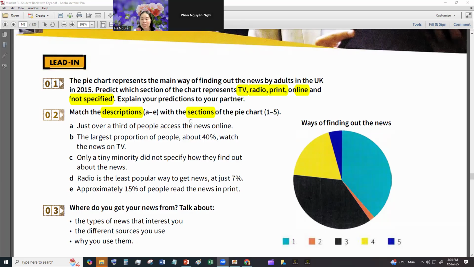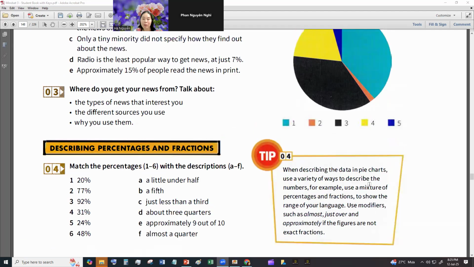All right, so this is a pie chart, and in a pie chart, you normally have to describe the proportion of the data. When we describe proportion, we use percentages and fractions flexibly. I'd like you to practice exercise 4, match the percentages with the descriptions.